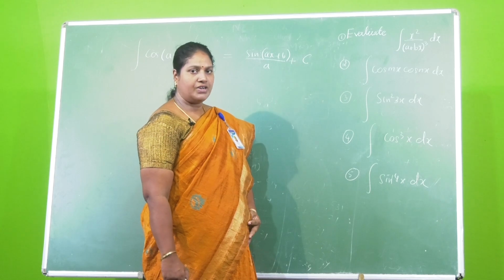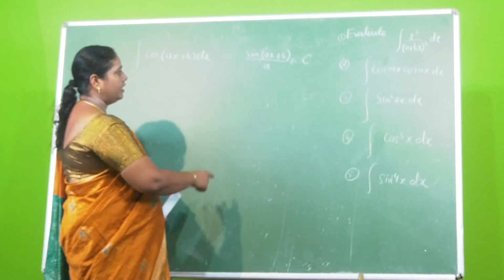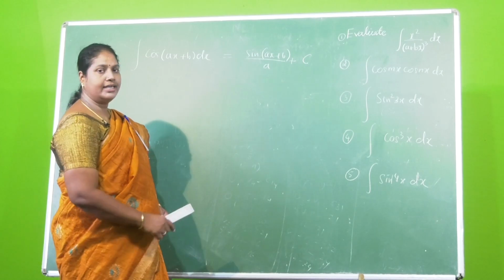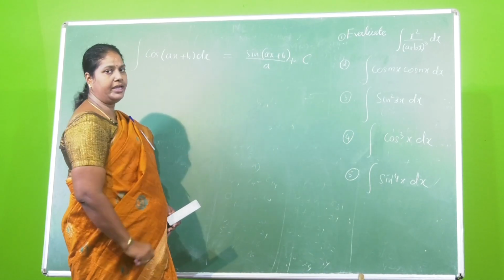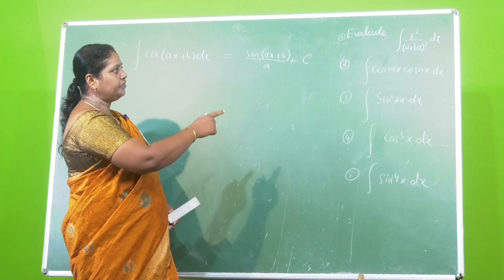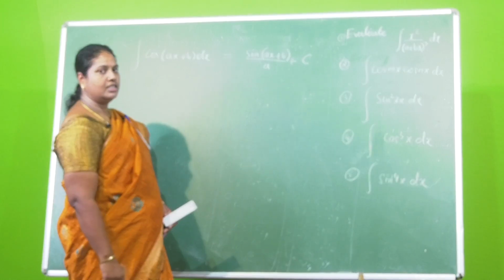First, let us see problem number 1, that is, evaluate the integral of x square divided by a plus bx the whole cube, dx. Shall we solve?